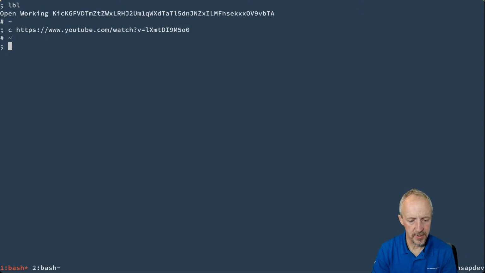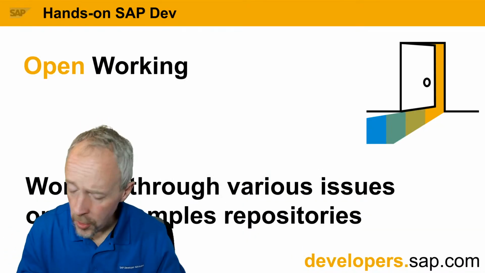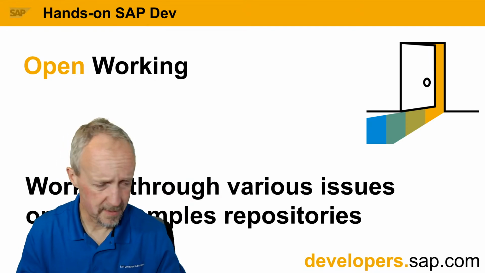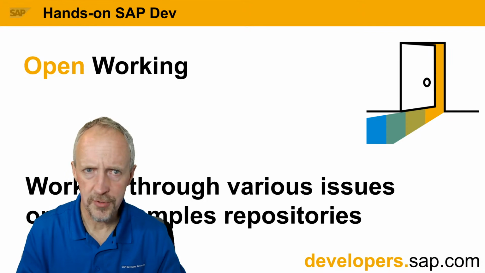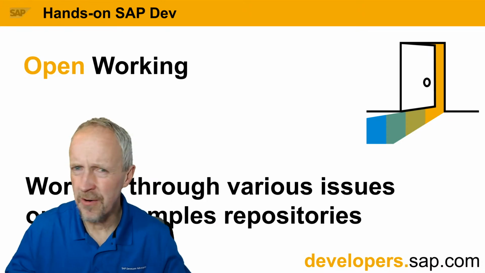So we are going to be doing some stuff today together. If I go back to the intro screen, you will see behind my head that I'm going to be doing open working. I don't know whether it's brave or stupid, but I'm going to be working on stuff in front of you, like we're in an office together or something.